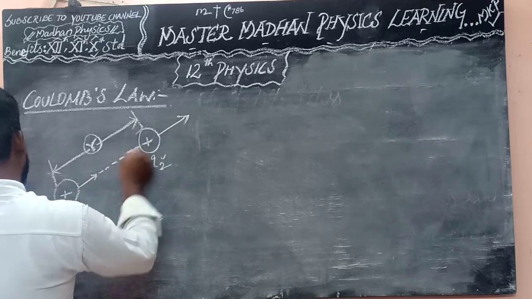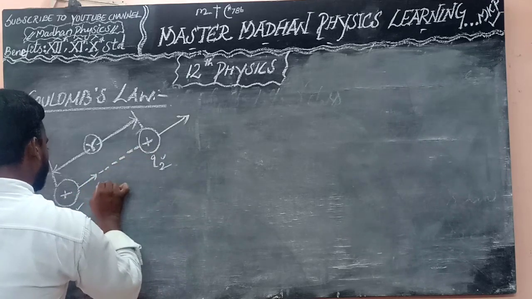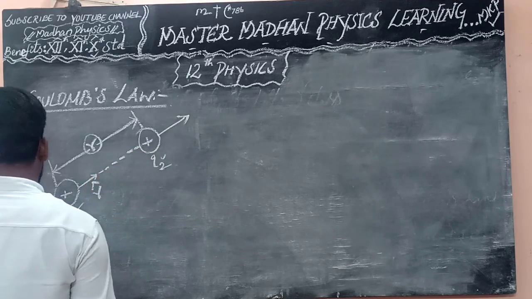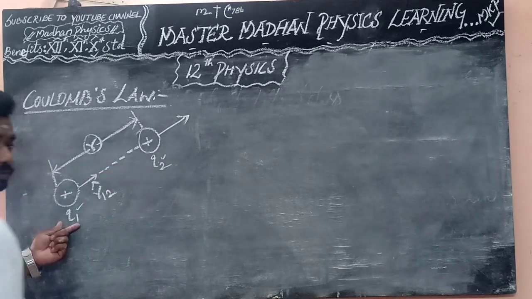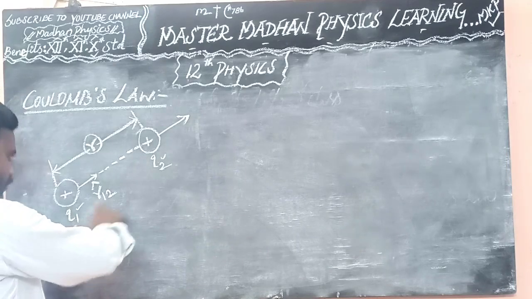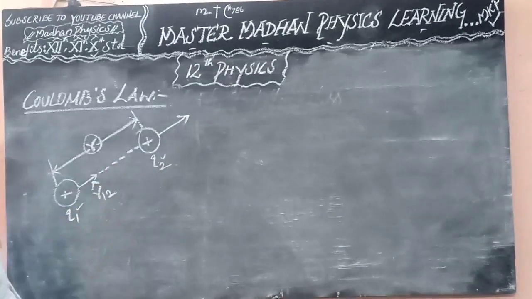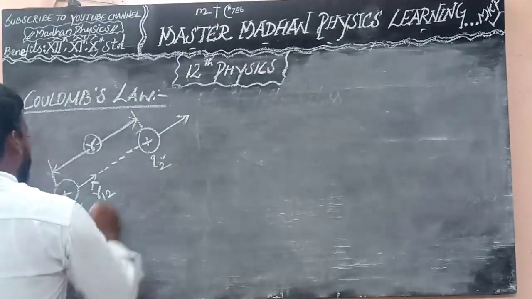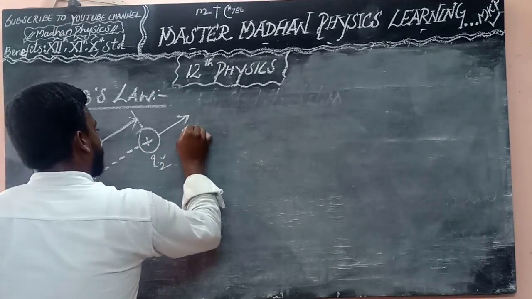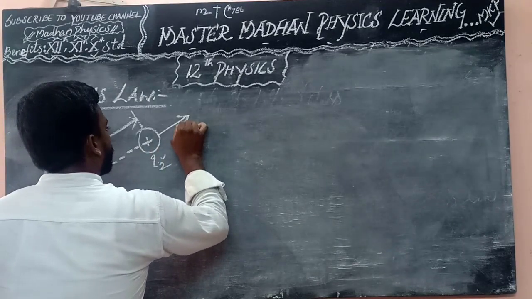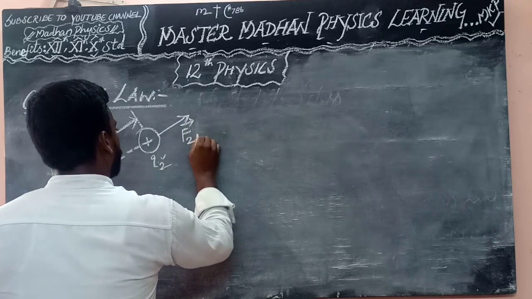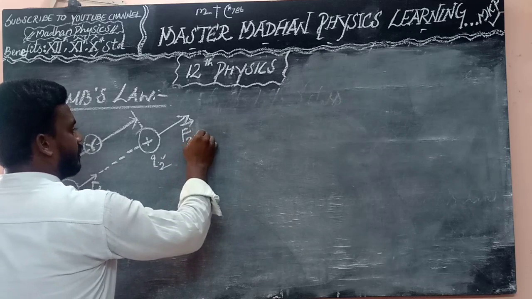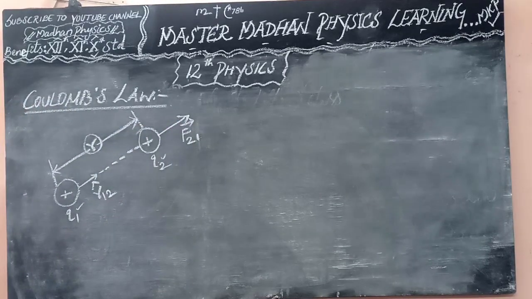For this, the unit vector is R cap 1 2, from Q1 to Q2, that is why we put 1 2. The force exerted in the opposite direction is F vector 2 1. So this is what we are going to discuss here, Coulomb's law.